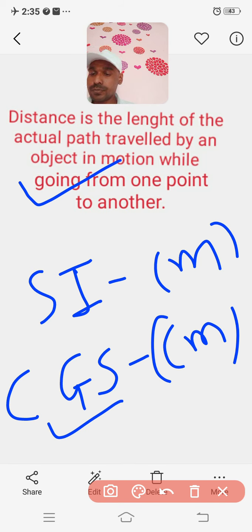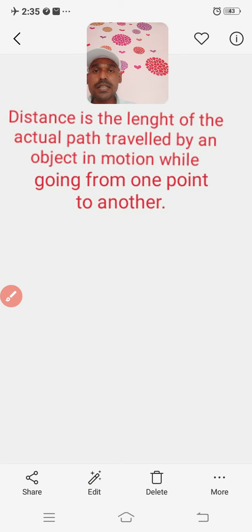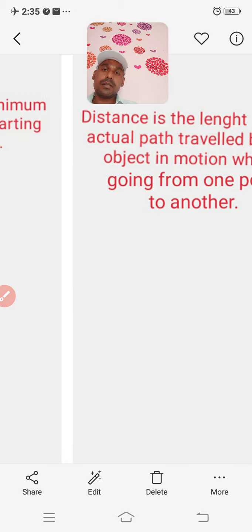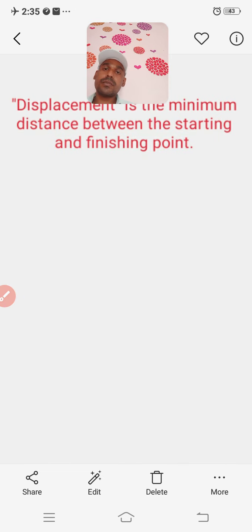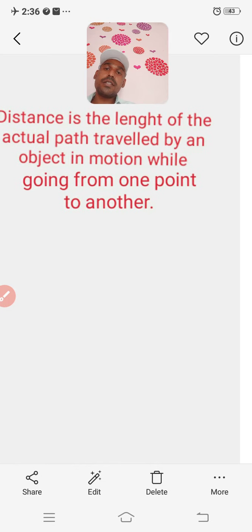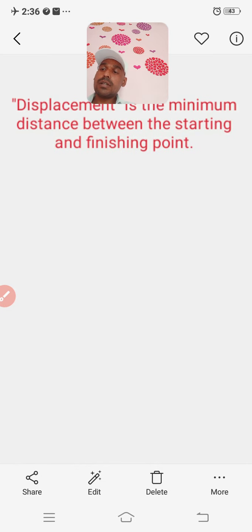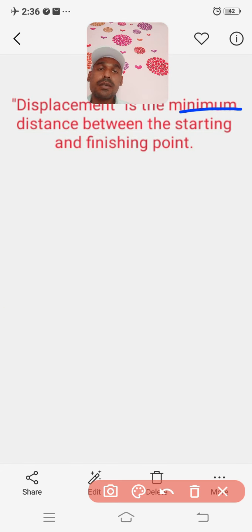So I teach you the next concept, displacement. Listen carefully. Displacement is the minimum distance between the starting and finishing point. I draw a figure on screen.